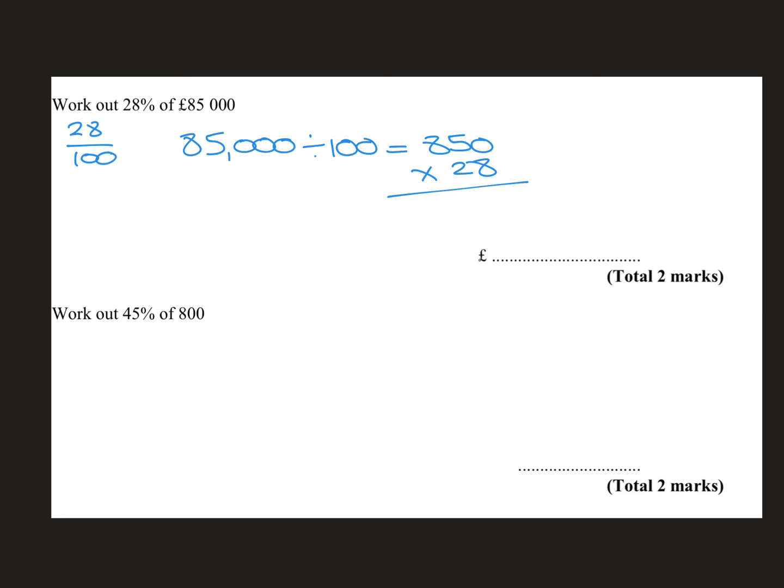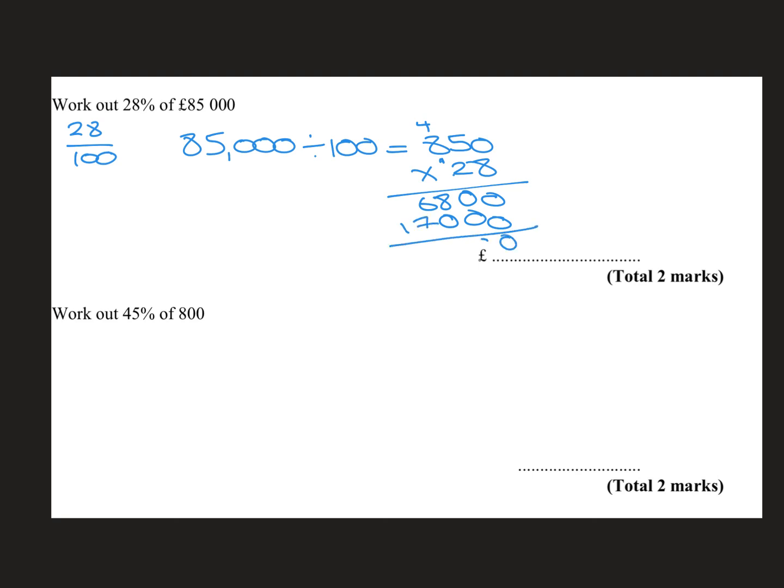So 8 zeros is 0. 8 times 5 is 40. So 4 and 0. 8 eights are 64, plus that 4 is 68. Put down a 0 because I'm now multiplying by the tens. 2 times 0 is 0. 2 times 5 is 10. 1 and 0. And 2 eights is 16, plus that 1 is 17. Add that all up.